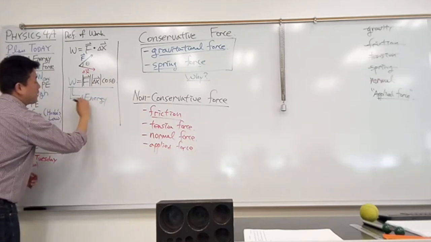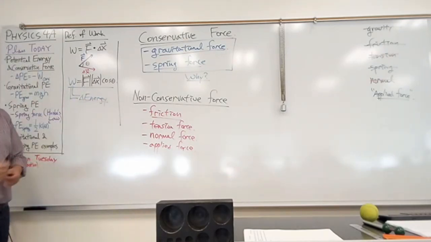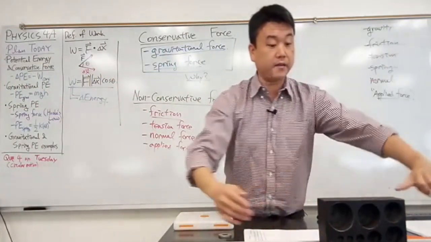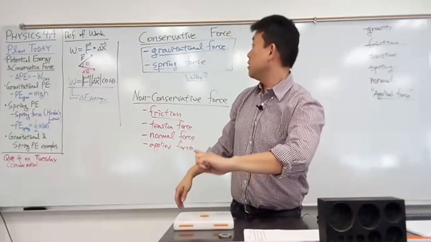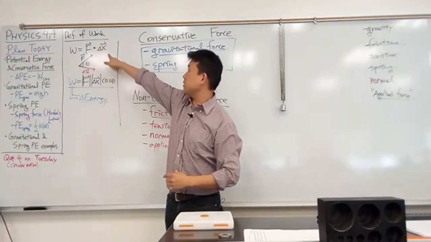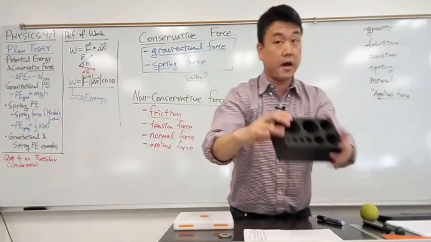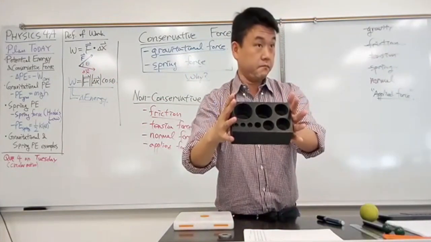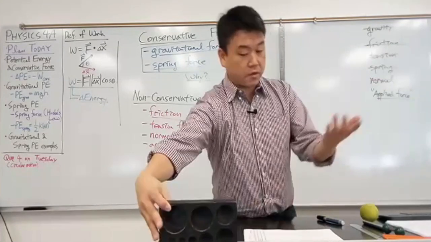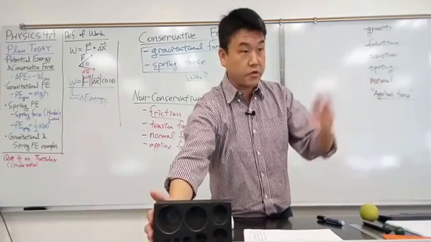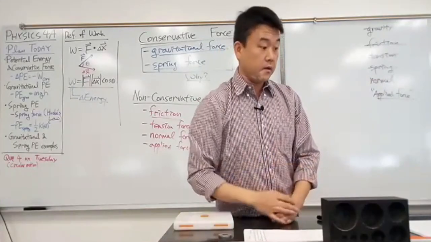In particular here, change of kinetic energy. So as the block is moving from left to right, friction is acting to the left. So the force times displacement is negative, it does negative work, it takes energy out of the block. Yep. So you could point to that and say, that's why friction is not conservative. So friction takes energy out of the block.